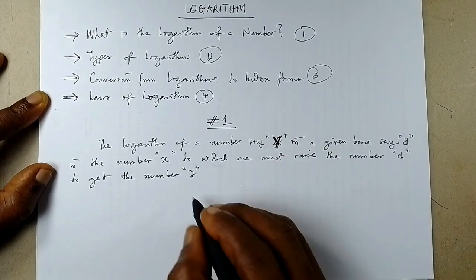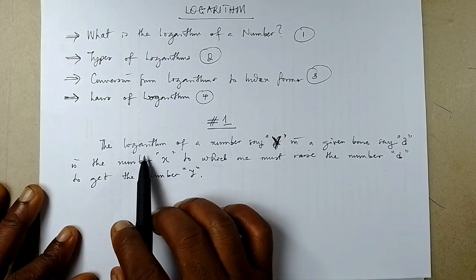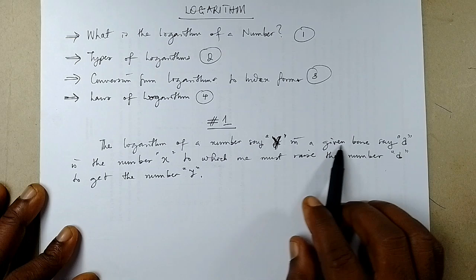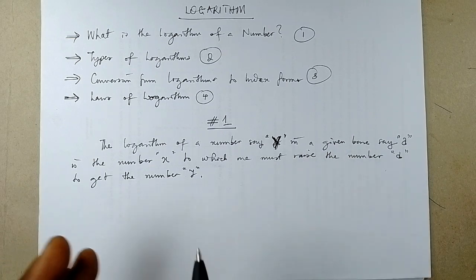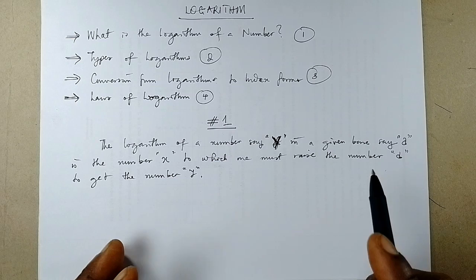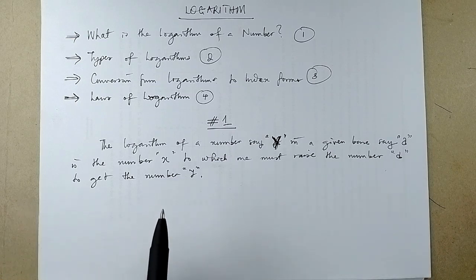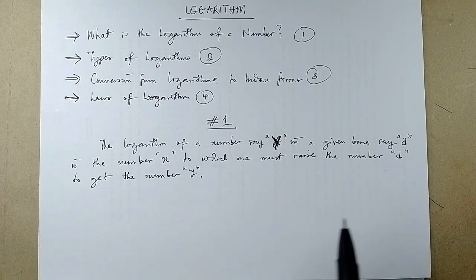Again, what are we saying? The logarithm of a number, say y, is in a given base. One thing I must establish before we go into detail is that when talking about logarithm, you cannot talk about logarithm absent a base. Logarithms are always taken in a base.